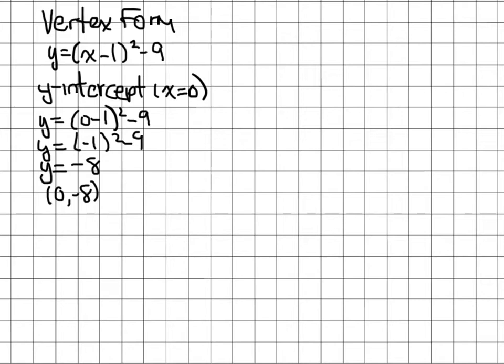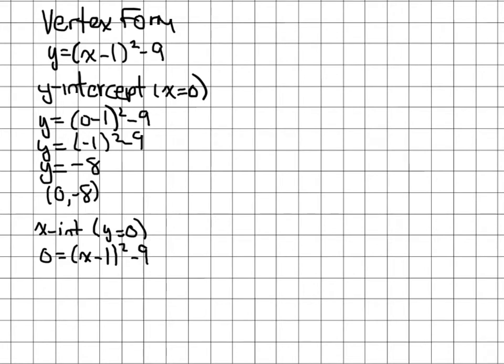Okay, how about the x-intercepts? This is when y equals 0. So I have 0 equals x minus 1 all squared minus 9. And all I'm going to do is rearrange this.